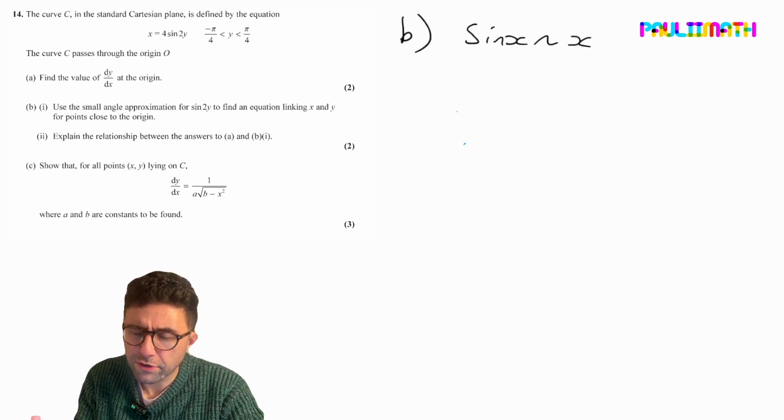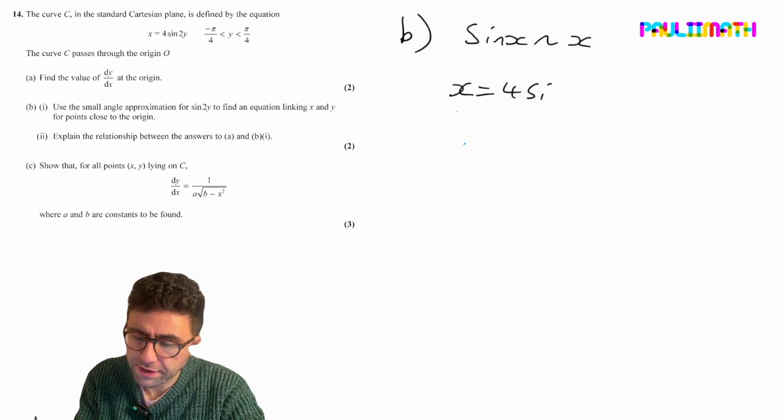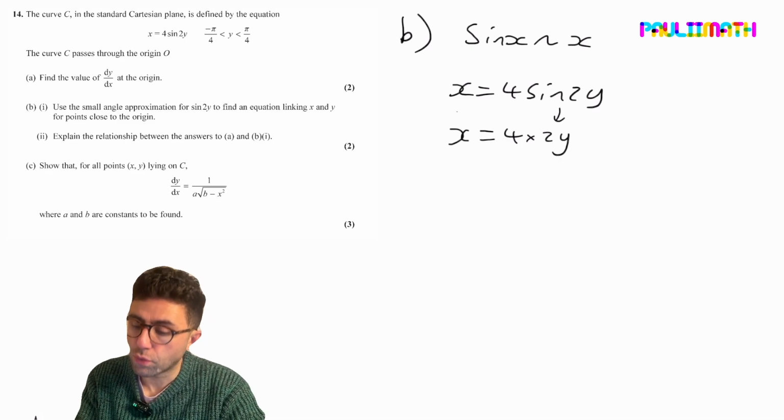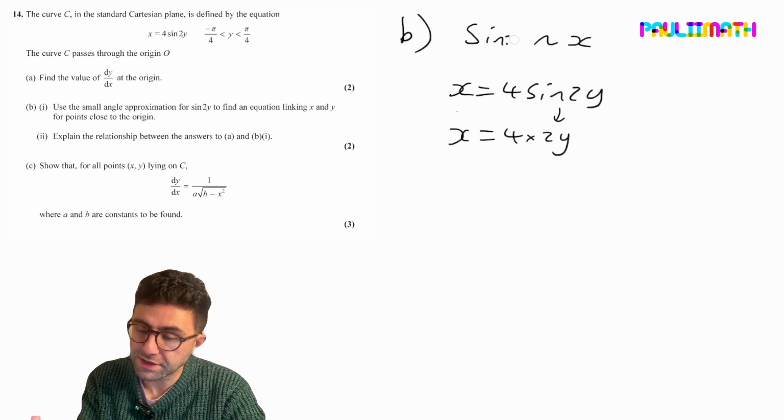So using that on the equation here, x equals 4 sine 2y is going to give us, in this case, x equals 4 times 2y, because it's sine 2y in this case. Let me just change our identity to match that.